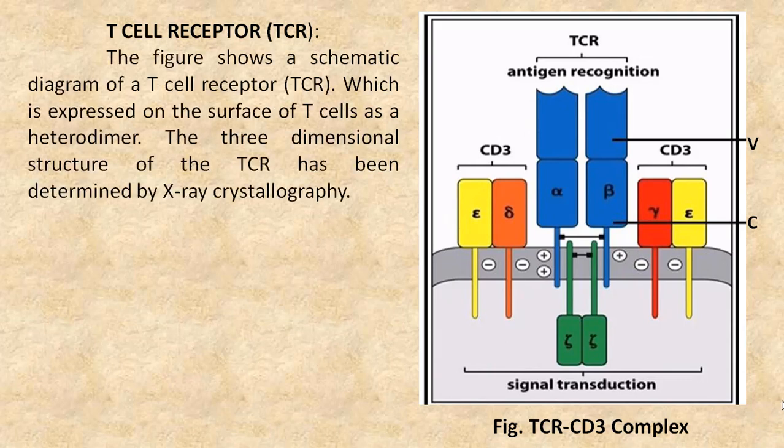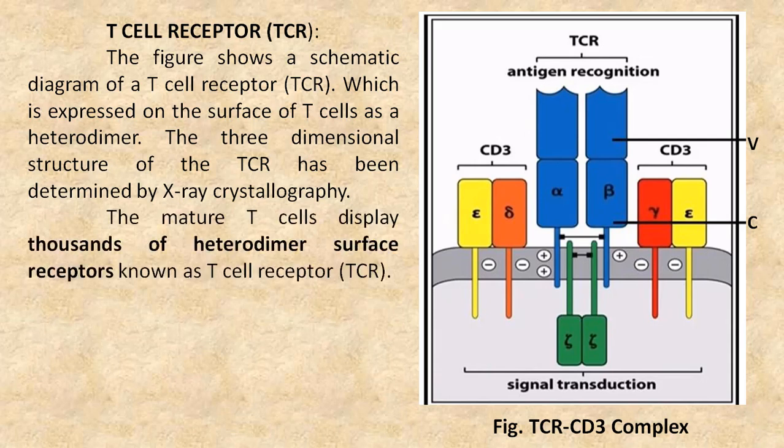The figure shows a schematic diagram of T cell receptor which is expressed on the surface of T cells as a heterodimer. The three-dimensional structure of T cell receptor has been determined by X-ray crystallography.